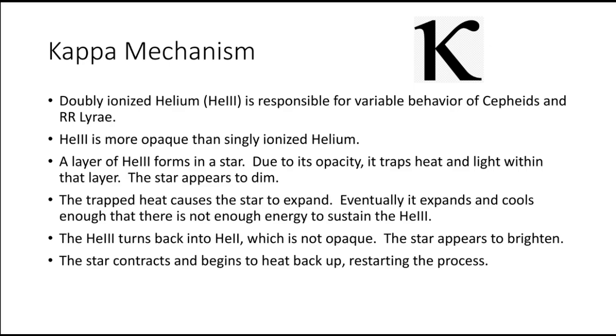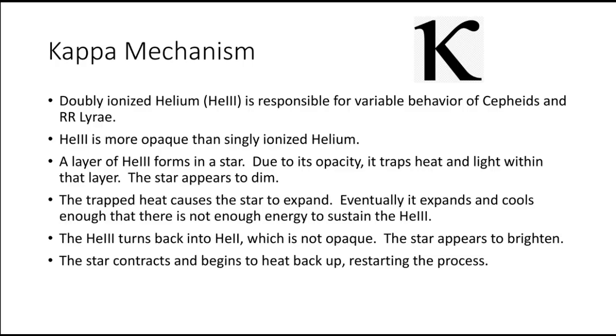So you can get a layer of this doubly ionized helium forming in a star, and because the doubly ionized helium is opaque, any of the photons generated in the core that are trying to escape the star are just trapped within this layer.